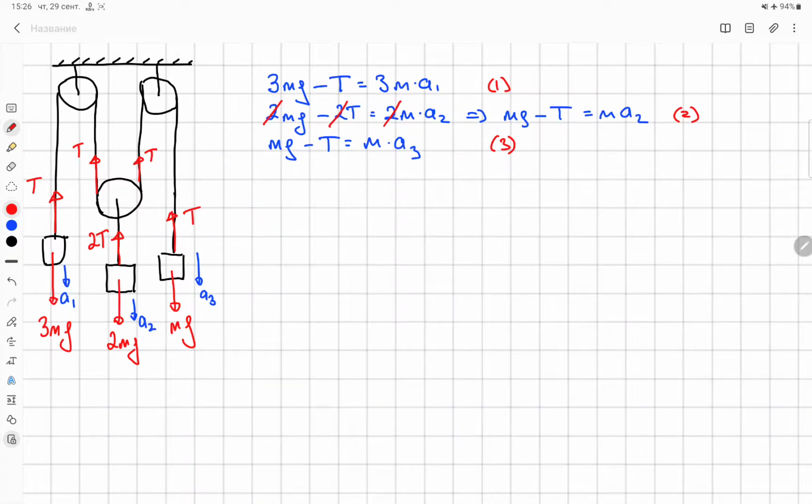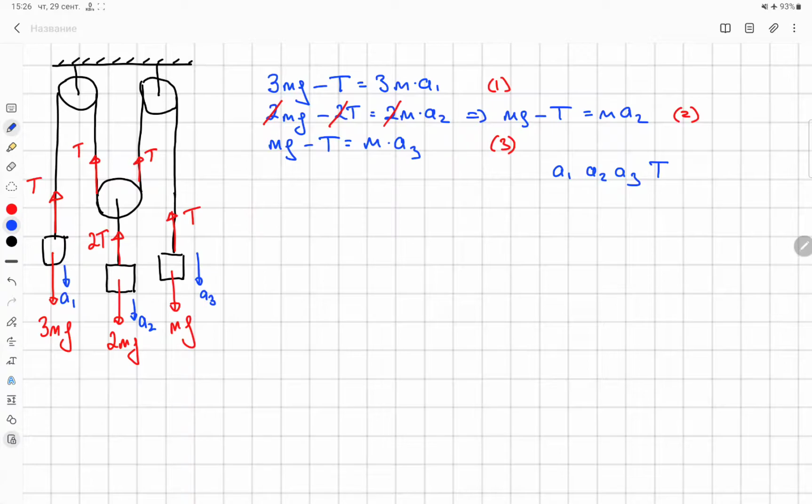So let's continue. Here we have three equations, and now let's count how many unknowns we have in these three equations. First of all, a1, a2, a3, and tension. So basically 4 unknowns, and we have 3 equations.